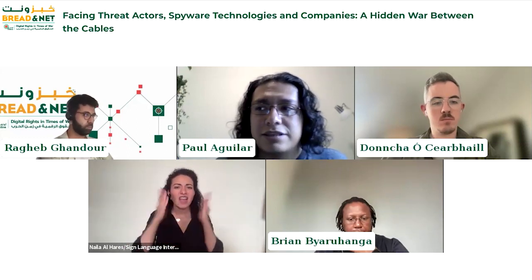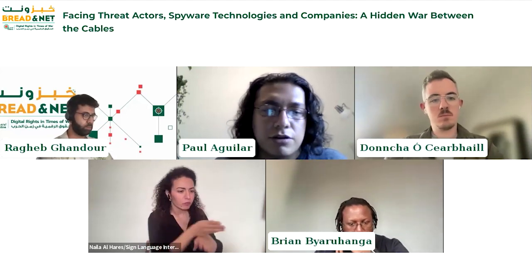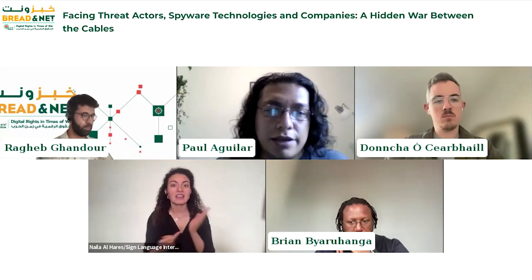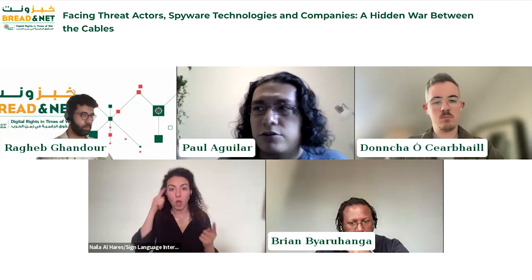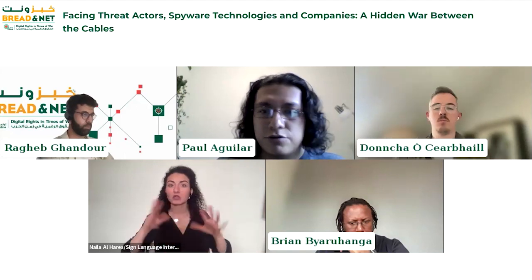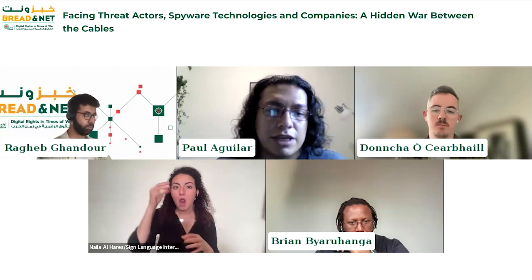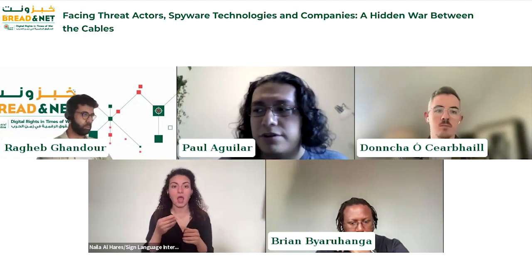And this, sadly, we know that around the world, these kinds of technologies have been used to monitor or to spy on civilians, some journalists, some activists. So at the end, this kind of technology should be used for national security issues, but it's being used against activists and journalists, civil society.